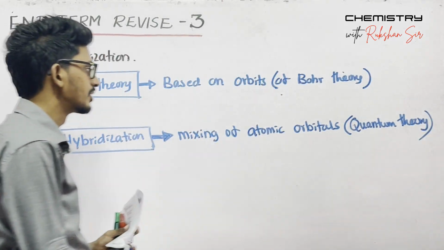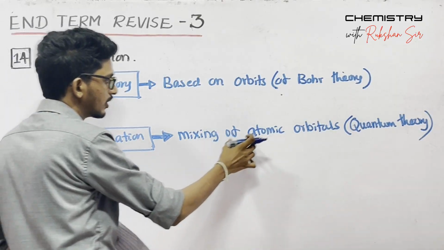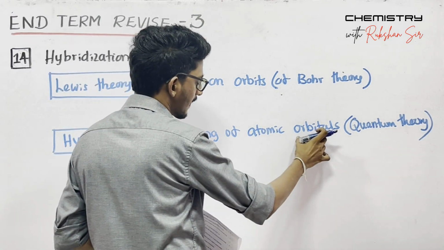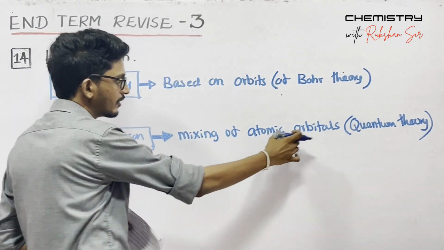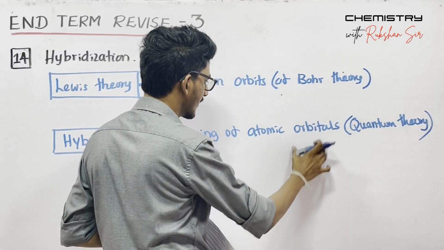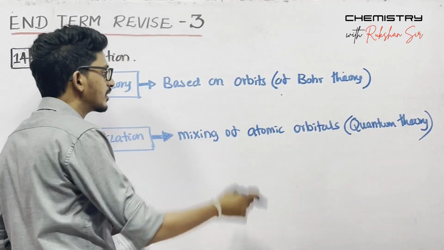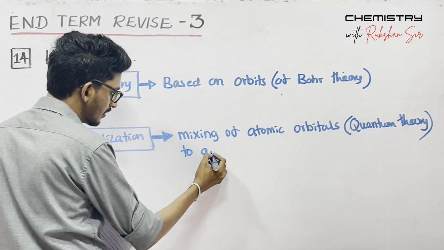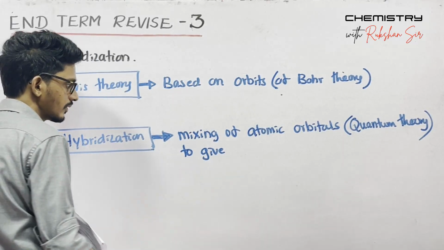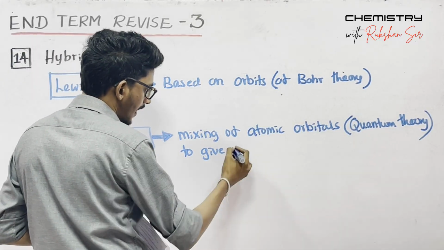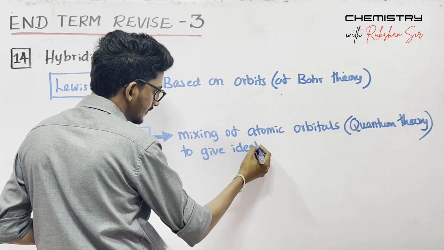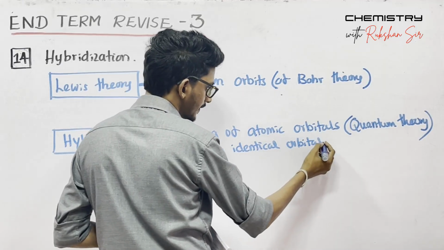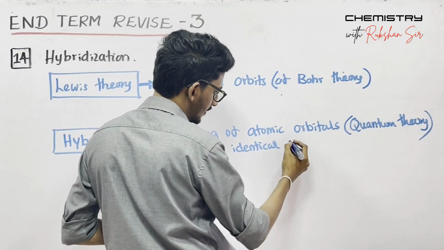The 3D space, the most probable 3D space where you can find an electron, is an atomic orbital. Mixing of atomic orbitals to give identical orbitals, we call them hybrid orbitals.